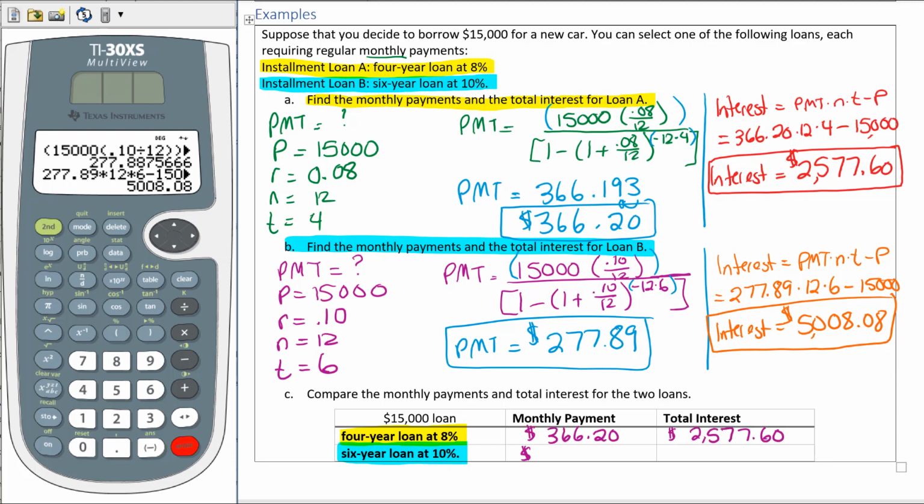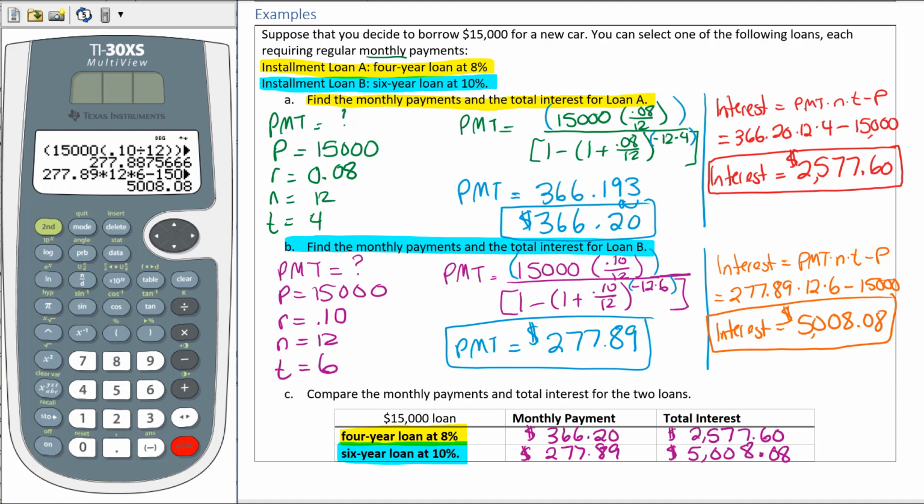For the 6-year loan, we have a monthly payment of $277.89, which is cheaper than the other monthly payment, but unfortunately at the end of our loan, we will have paid almost double the amount of interest. So it's a trade-off. Both of these loans are fair. It just kind of depends on what you want.